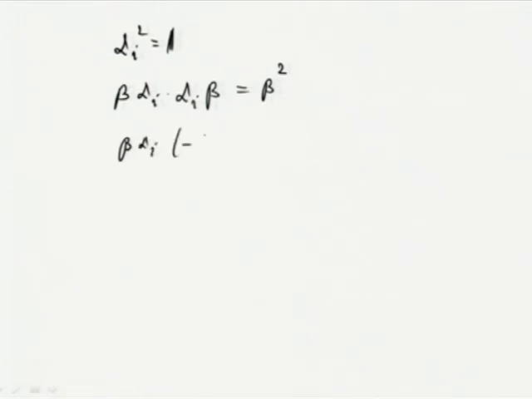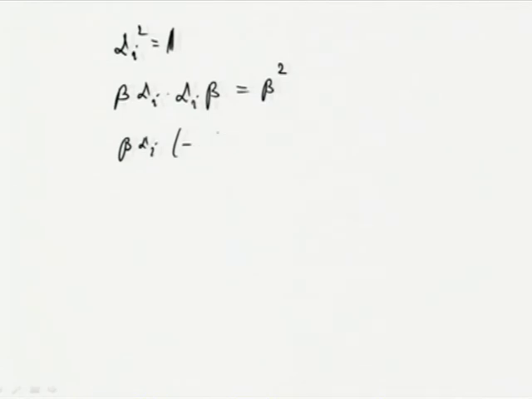And now, some other properties of gammas. Alpha_i square equal to unity, which will give you, let me write it as beta alpha_i alpha_i beta equal to beta square. I just multiplied by beta from both sides, and then the first one is beta alpha_i, second one I switch this beta and alpha.